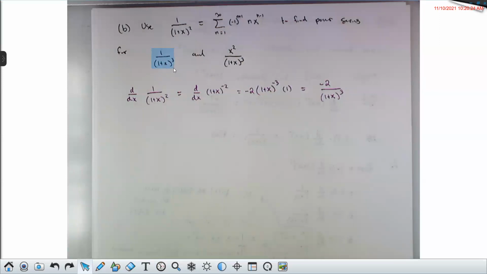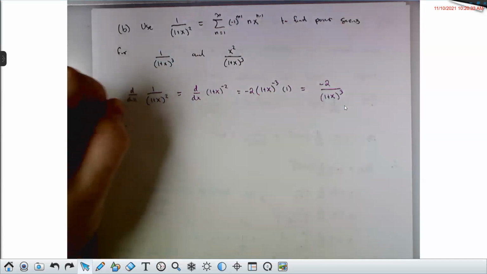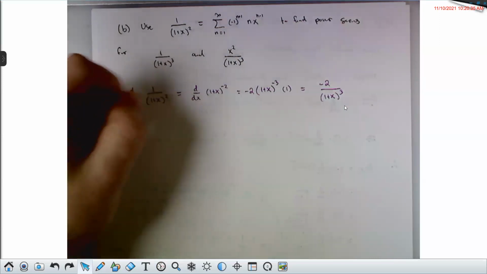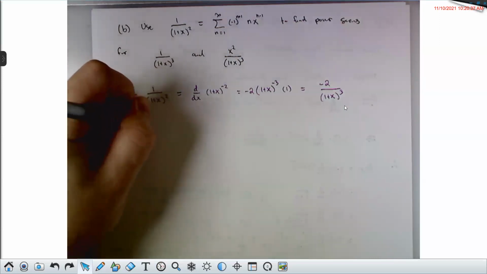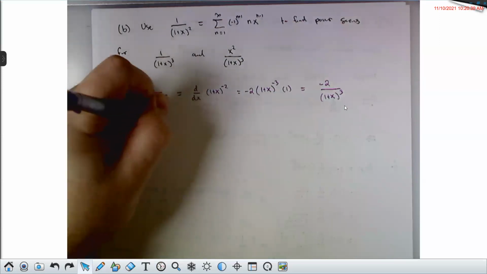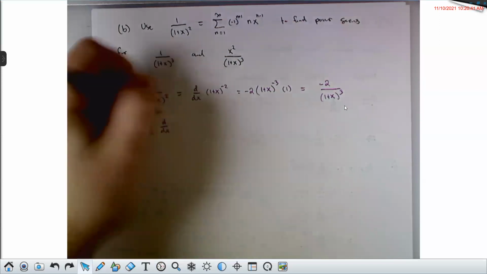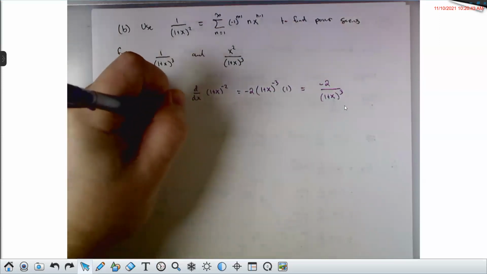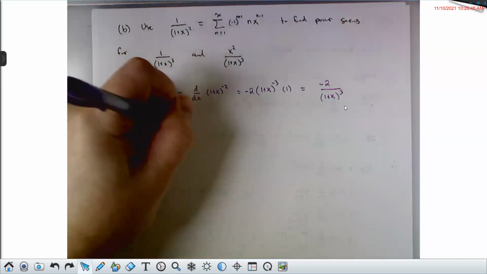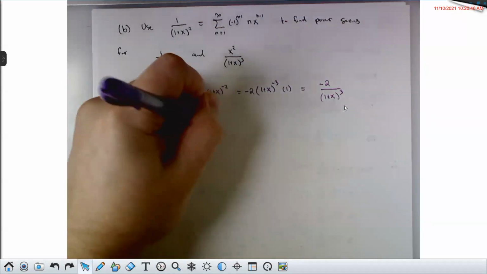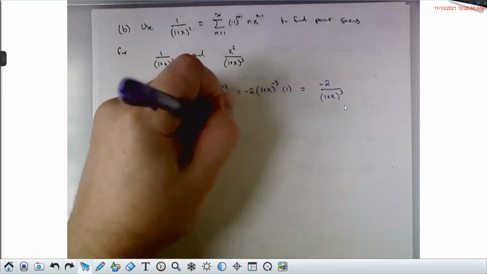So this thing that I want for part B is almost the derivative of the thing I found in part A. This means that negative 1/2 d/dx of 1 over 1 plus x all squared is equal to the thing I want here.